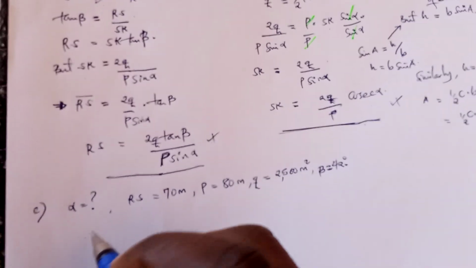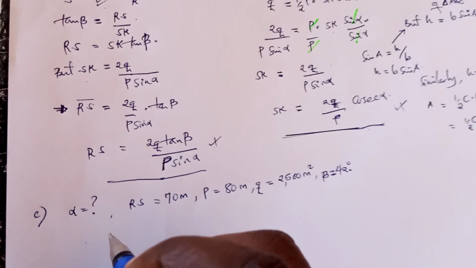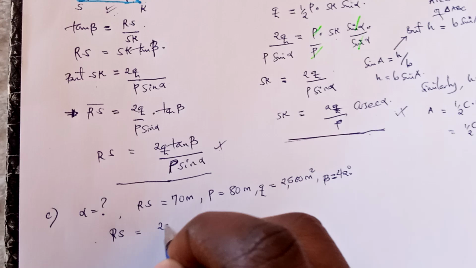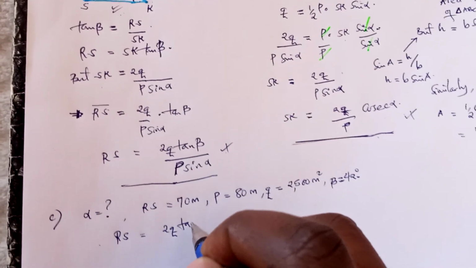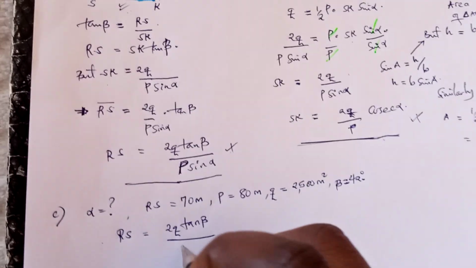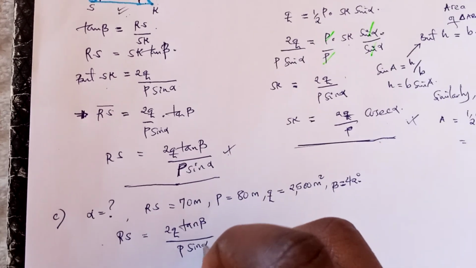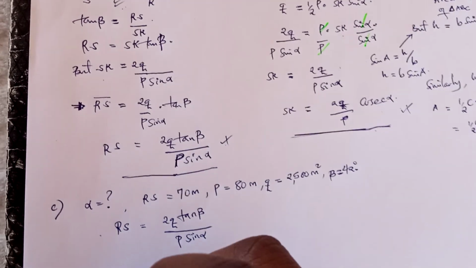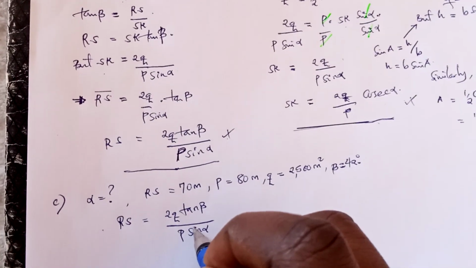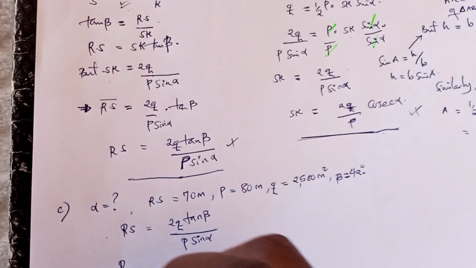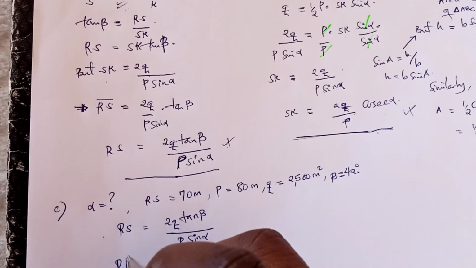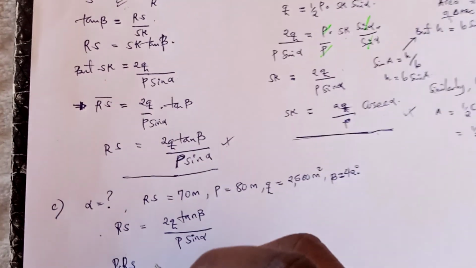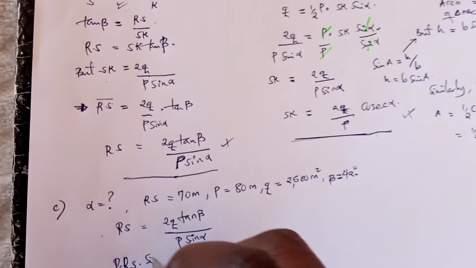Okay, so from here, let us cross multiply right away to bring the term which has alpha in it up. So we cross multiply. We shall have P times RS times sine alpha.